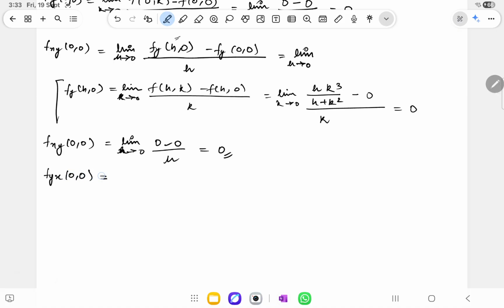that will be the limit as k approaches 0 of fx(0,k) minus fx(0,0), divided by k.